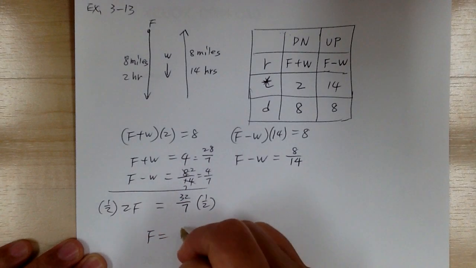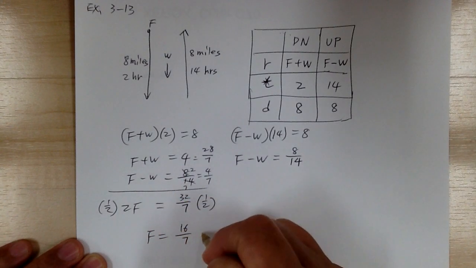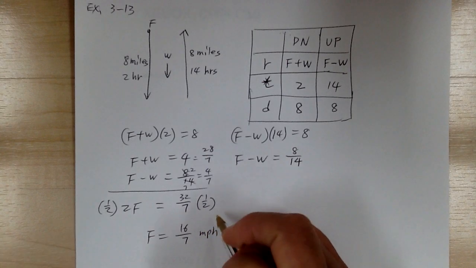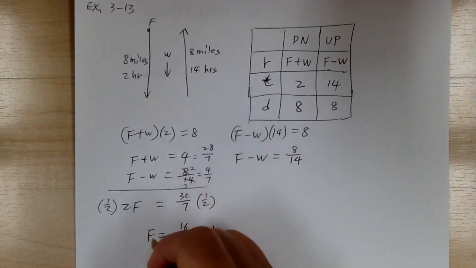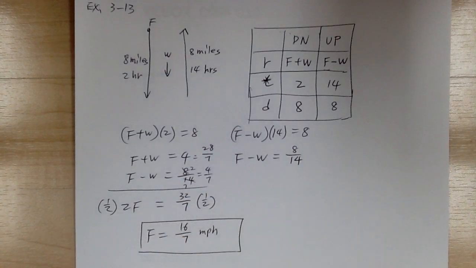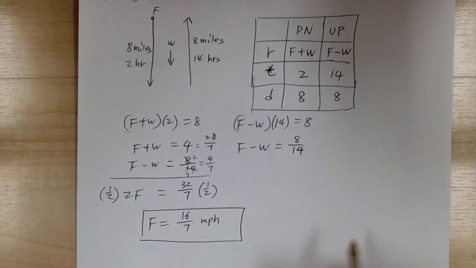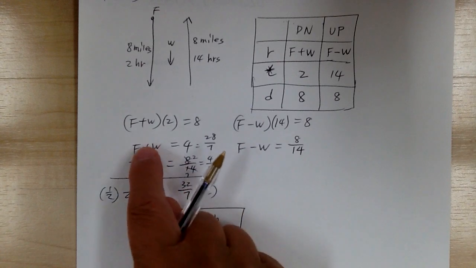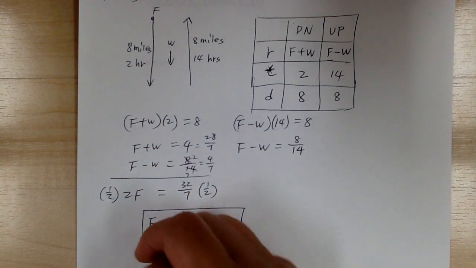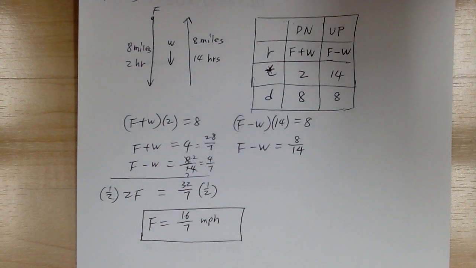So F equals 16 over 7 miles per hour. It does not ask you for the water, but if you want to solve for the water, it's very simple. You just substitute into either equation and you can find the speed of the water. Okay, let's go to example 14.